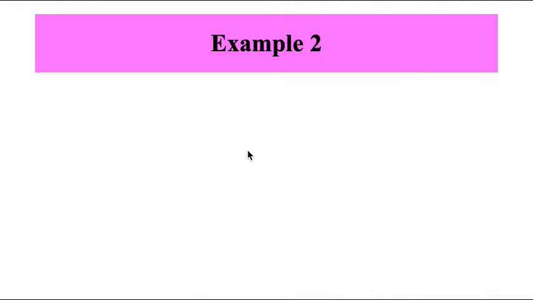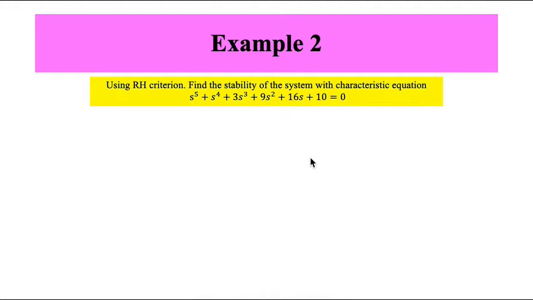Now the problem on how to find out whether a system is unstable or not. The second problem: using Routh-Hurwitz criteria, RH means Routh-Hurwitz, find the stability of the system with characteristic equation s to the power 5 plus s to the power 4 plus 3s cube plus 9s square plus 16s plus 10 is equal to 0.